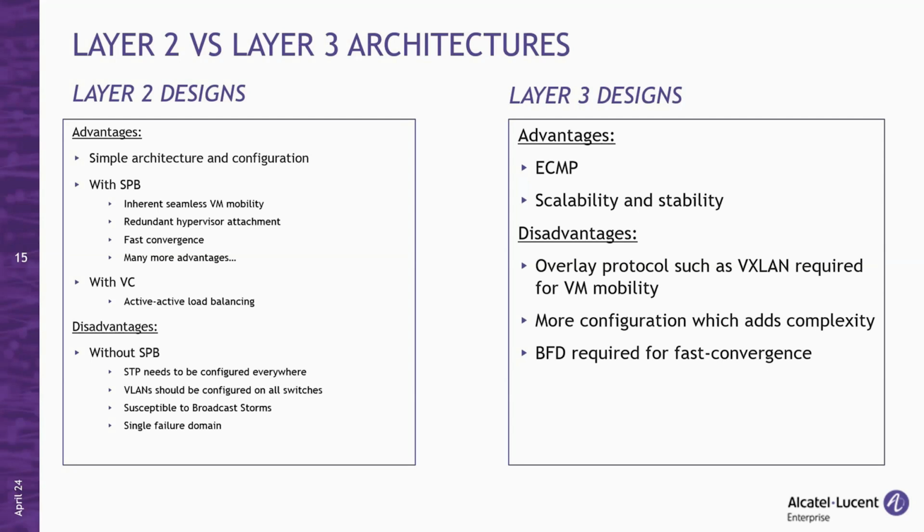VXLAN is one example. You need to have more configuration, since you need to configure the underlay and the overlay, and a layer 3 design requires an IP address on each interface, which adds more complexity. And of course, it makes it more difficult to troubleshoot. Bidirectional forwarding detection, BFD, is required for fast convergence.